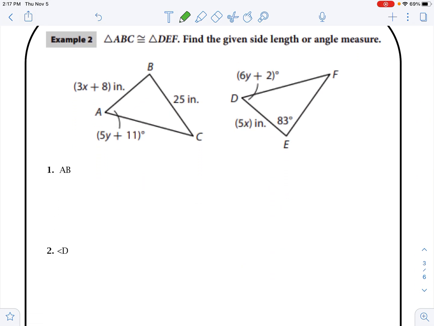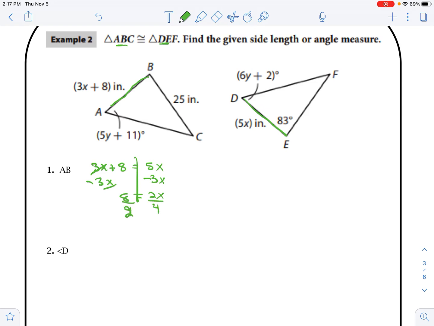Again, I go to AB. AB corresponds to DE. AB and DE are right here, and I don't know the length, so I set an equation to solve for x. So 3x plus 8 equals 5x. I draw my line and I solve. Once I solve for it, x is equal to 4.